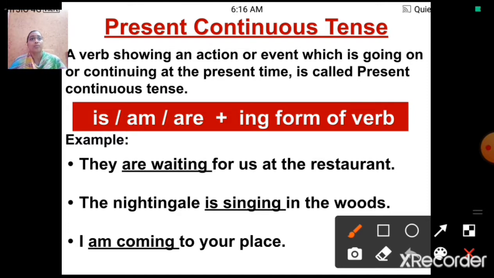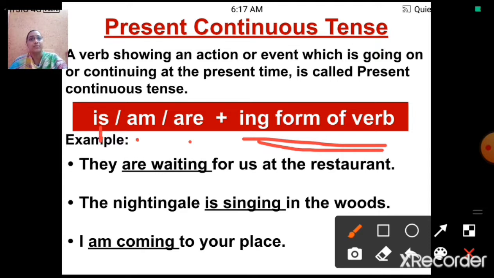The formula used here is is, am or are plus the ing form of verb. Here you can see there is a slash between is, am and are. That means we are going to use either is or am or are, but the ing form of verb we are definitely going to use.